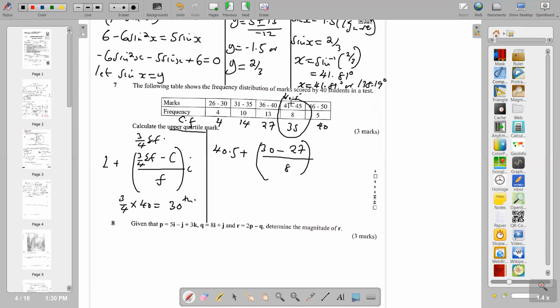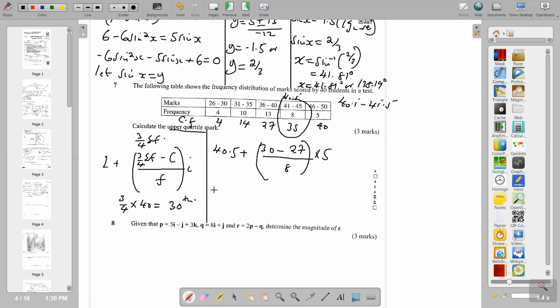Remember the boundaries here, it is 40.5 to 45.5. So you just need to subtract. We're going to get the class width of 5, so times 5. Or you subtract 45 minus 41 plus 1. So now you solve it.